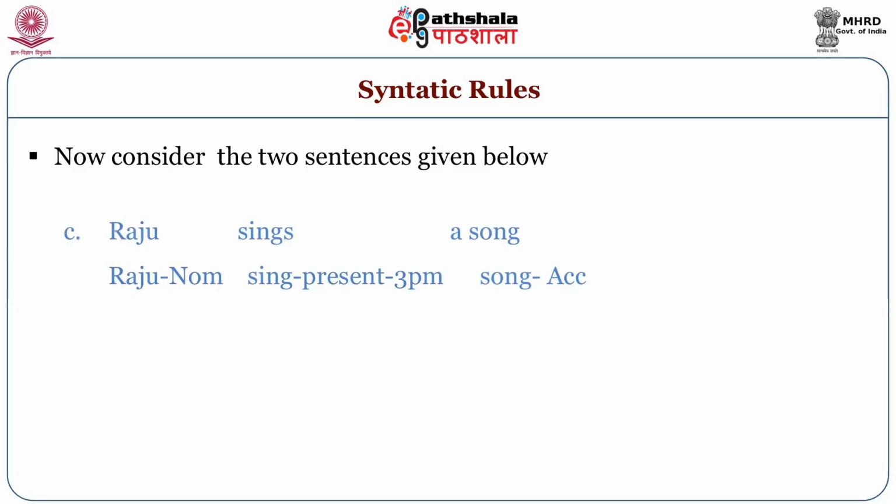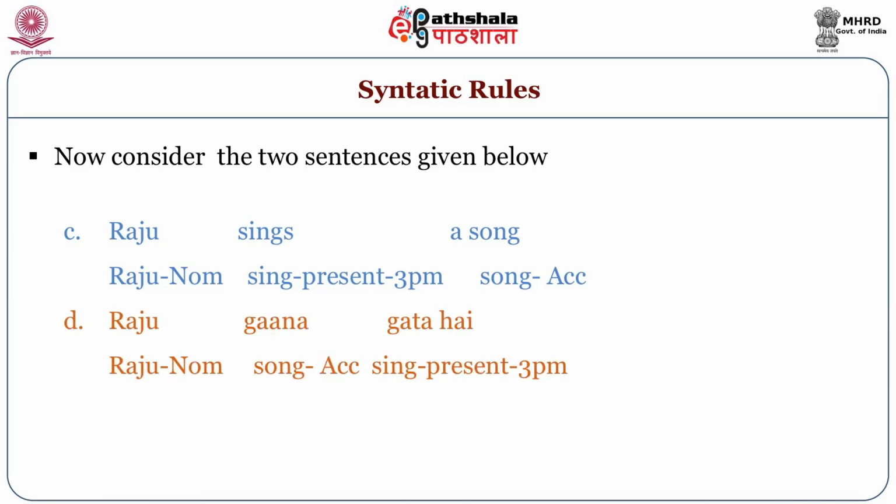Now consider the two sentences given below. Raju sings a song. Raju gana gata hai. In Hindi, when we say Raju gana gata hai, this gana, or the song in English, though the order changes, yet the parts of speech are the same.